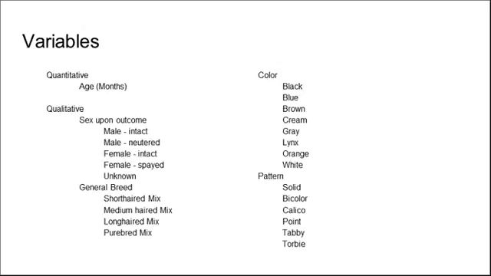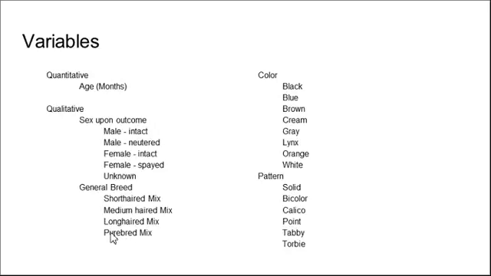So here's a quick overview of the variables that I analyzed in this data set. I had 1 quantitative variable, which was the age, and then 4 qualitative variables. They included several levels in each variable. Sex included gender and whether or not the animal had been spayed. There were 4 levels for breed.